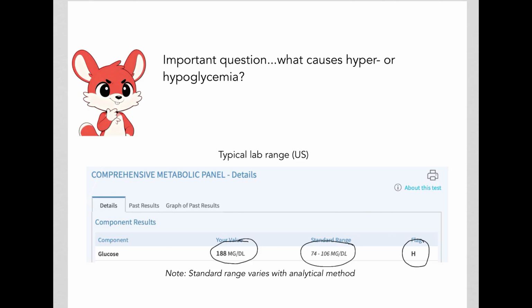So high glucose is hyperglycemia, or a low glucose is hypoglycemia. So what's the reason for either the hyperglycemia or hypoglycemia? That's an important clinical question and an important use for these blood tests.